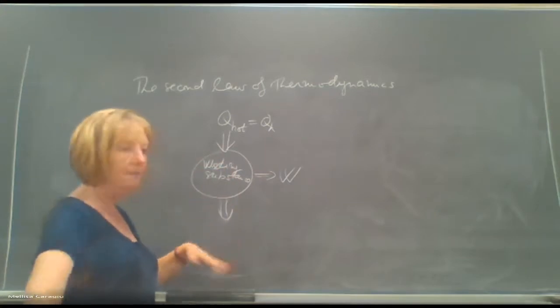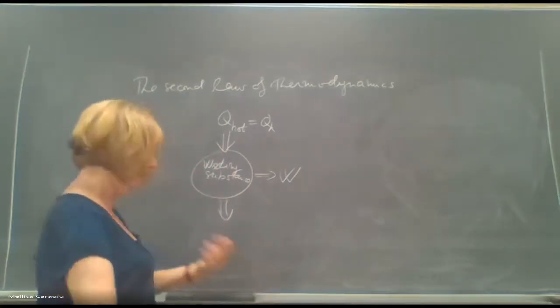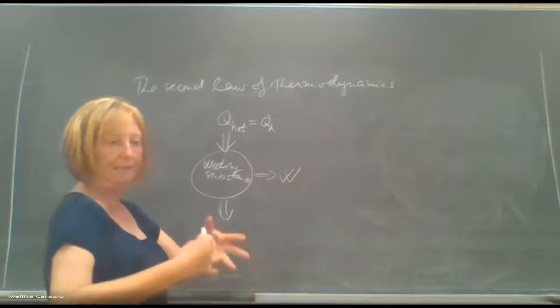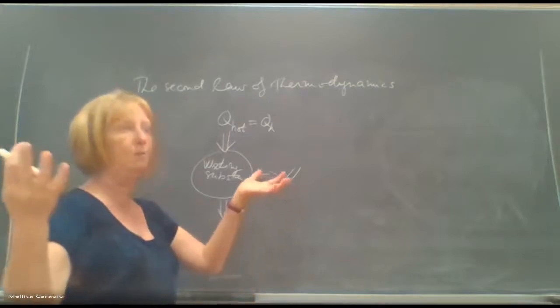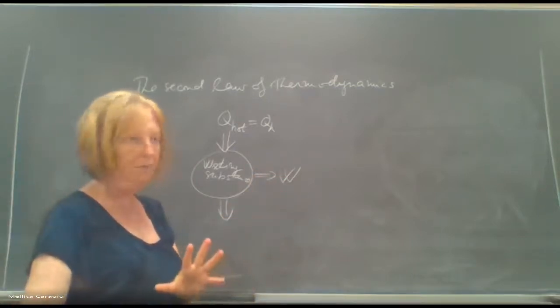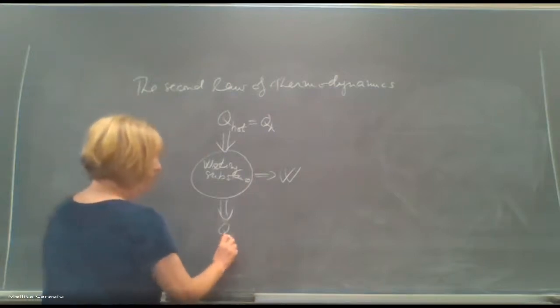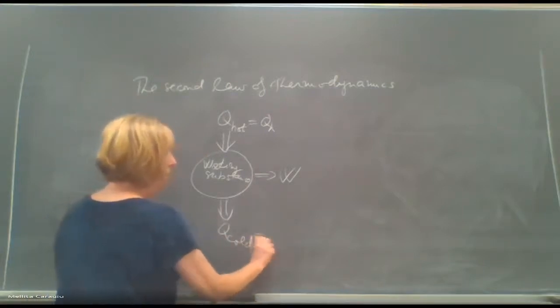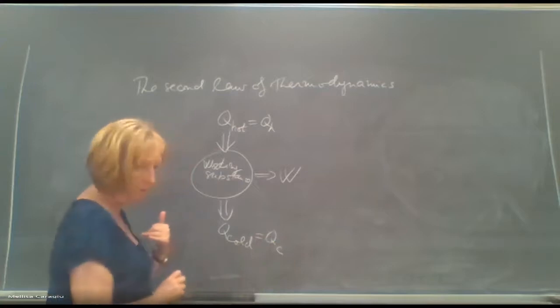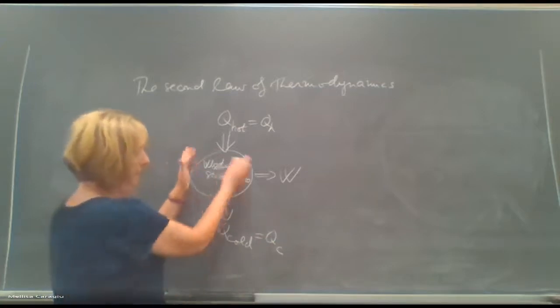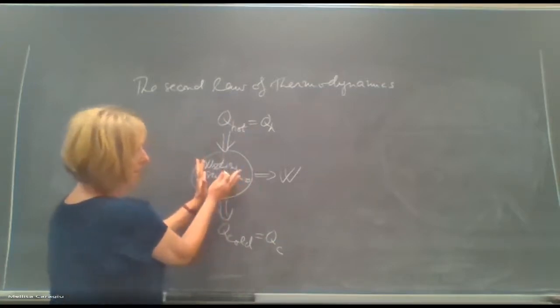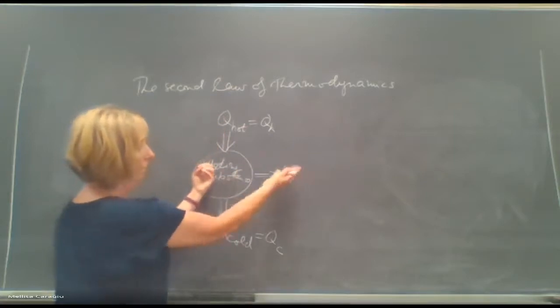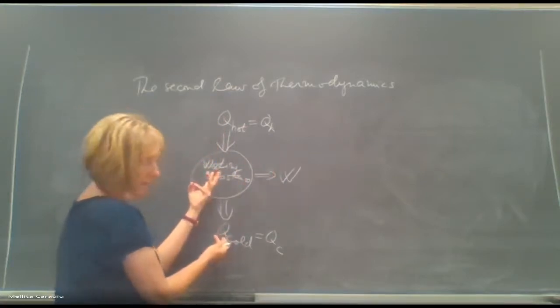So that is heat released in the atmosphere, and since the atmosphere is considered to be like a huge thermostat with cold temperature, that heat is going to be called Q cold or Q subscript C. So basically, a working substance receives heat, does work, expels some heat.